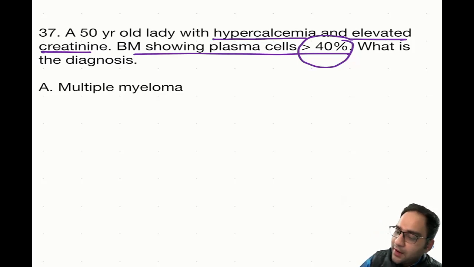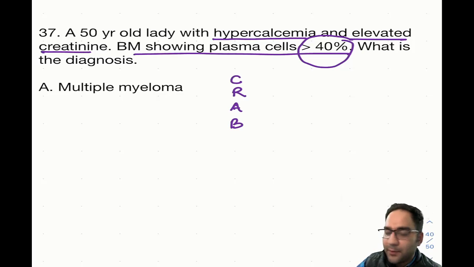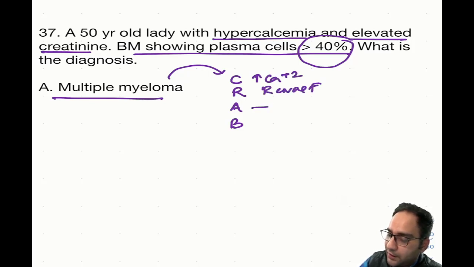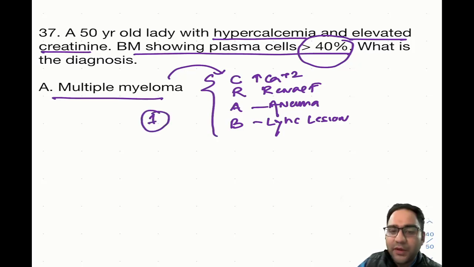So you know that in multiple myeloma you get organ damage, and that is a mnemonic that we commonly refer to as the CRAB, where you have hypercalcemia, you have renal failure, you have anemia, and you have lytic lesion. So any one of them could be present.